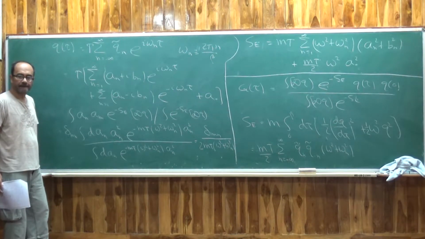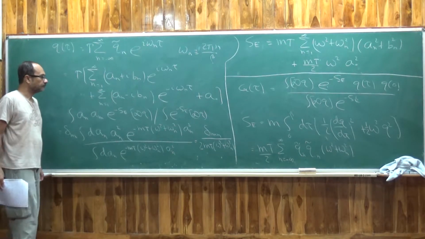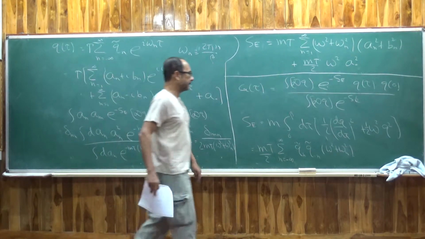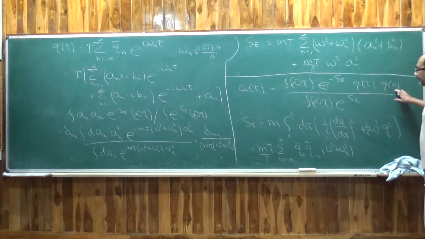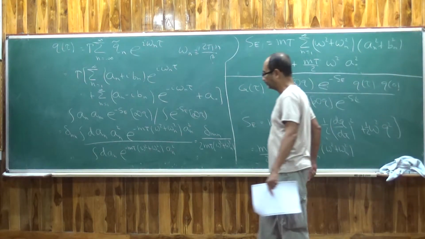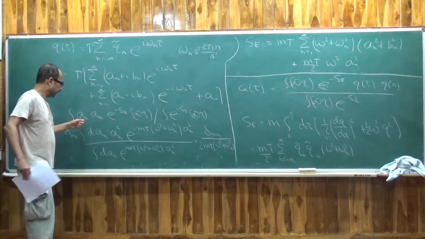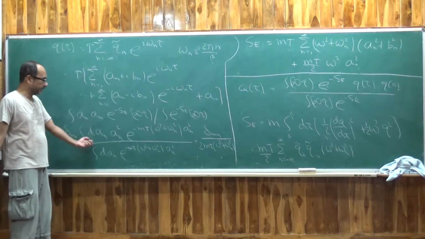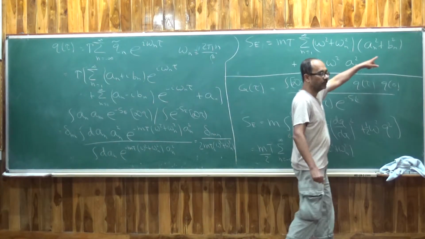Is this okay? So now, what is the task? We basically have to express q tau q0. You can write a similar integral for a0, and the bn will be exactly the same, because it appears exactly in the same way.